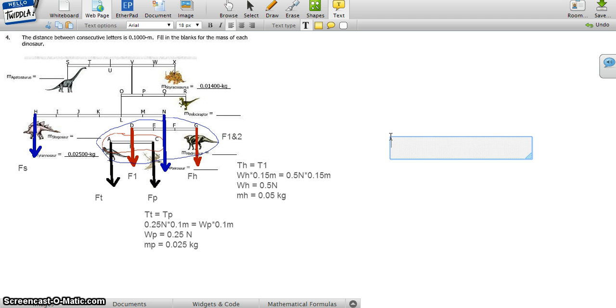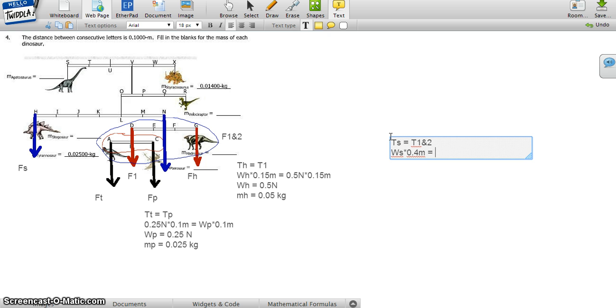And so the torque from the stegosaur has to be equal to the torque from levels 1 and 2 combined. So this is going to be the weight of the stegosaur times the distance away, 10, 20, 30, 40 centimeters, so 0.4 meters, equals the combined mass of all of those.